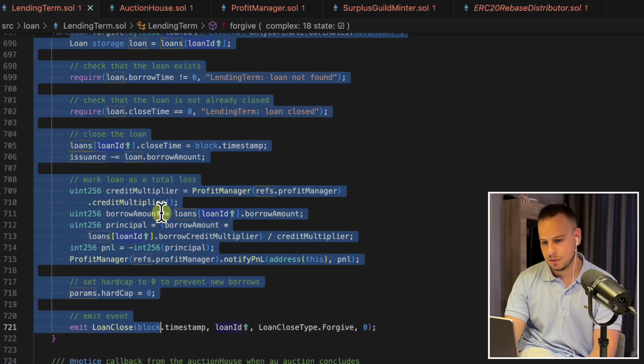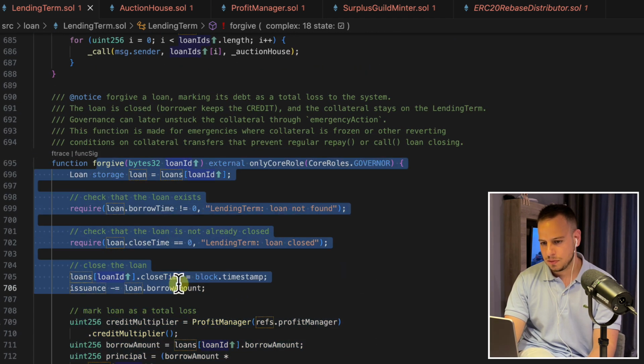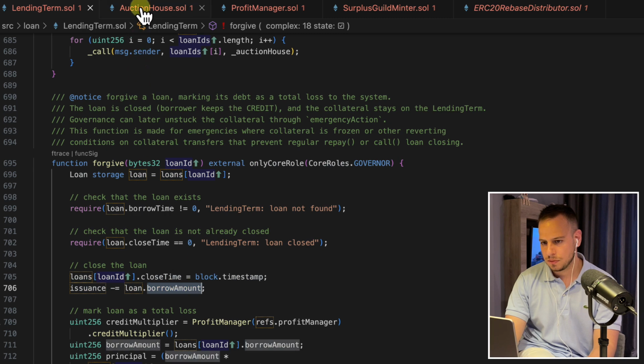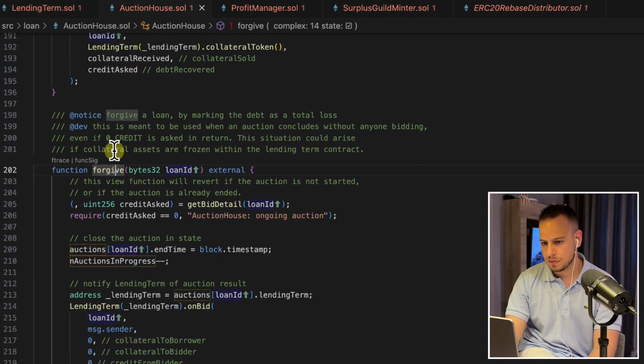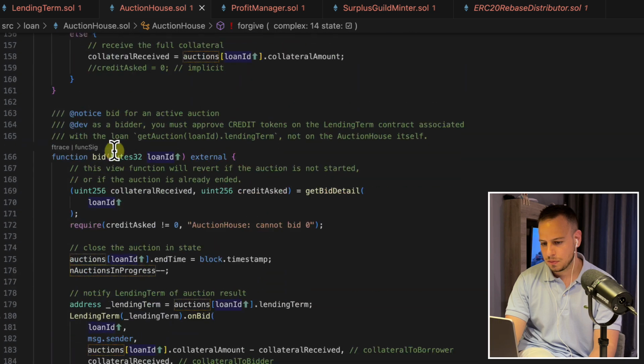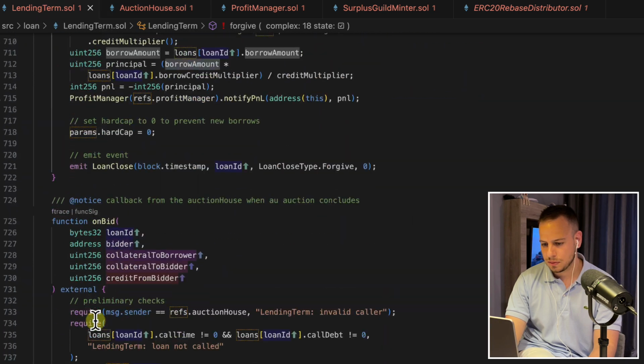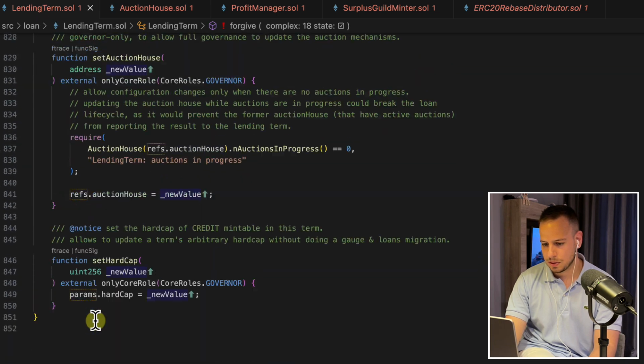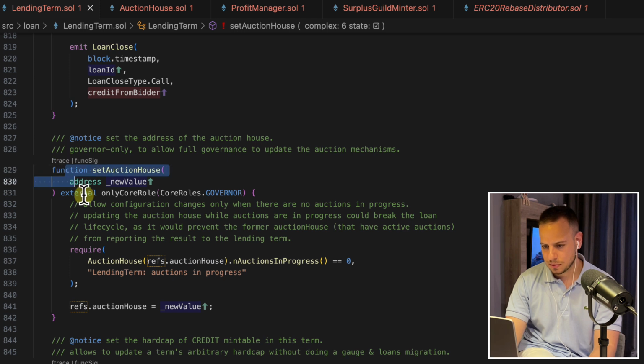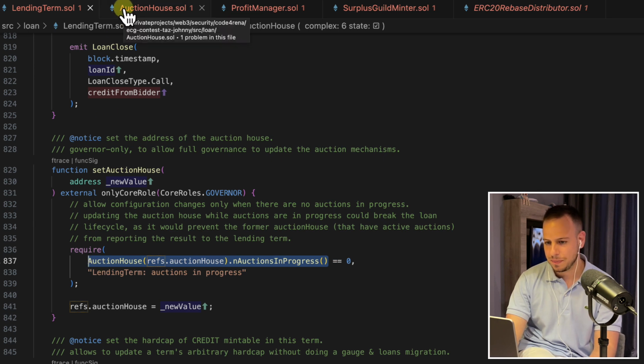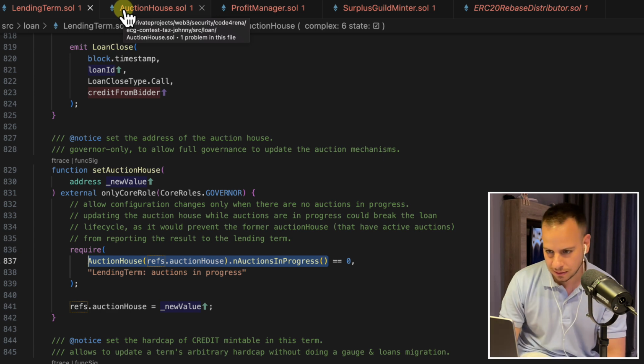In this case, he won't be able to change the auction house by calling the set auction house function, because the state variable n auctions in progress will be equal to 1. Always, because there is an auction that never ended, right?